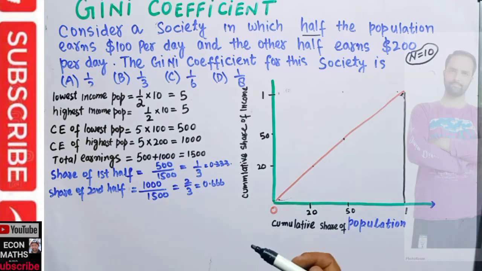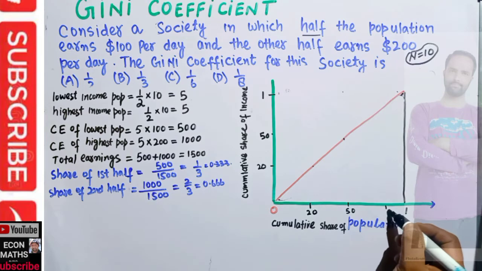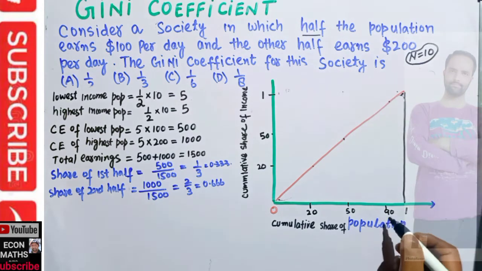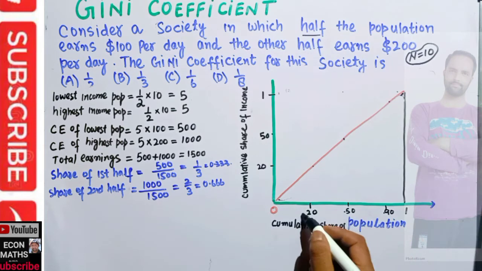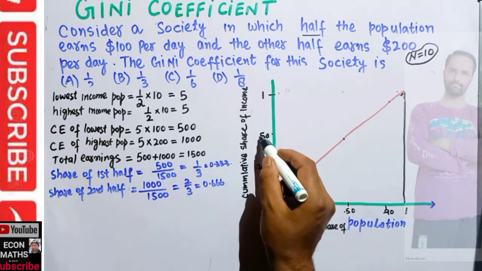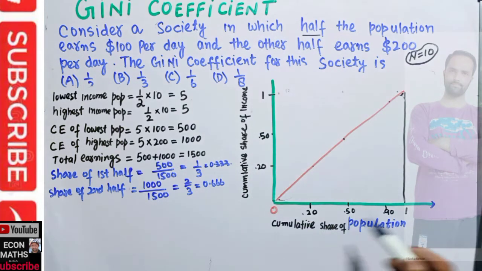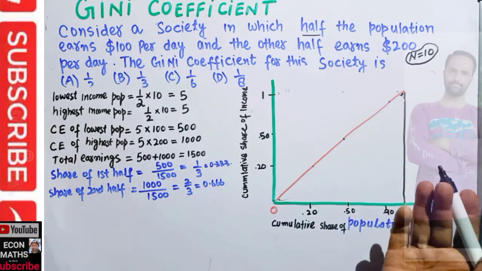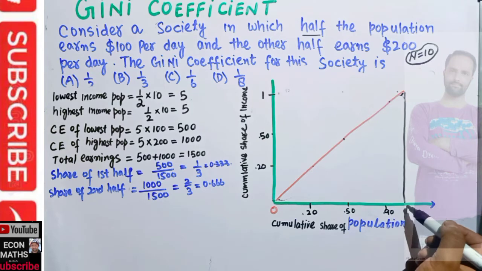Or if here it is 0.9, so don't get confused, 90% of population owns 90% of total wealth, and the rest 10% also owns 10% of wealth. This is depicted by the line of perfect equality.